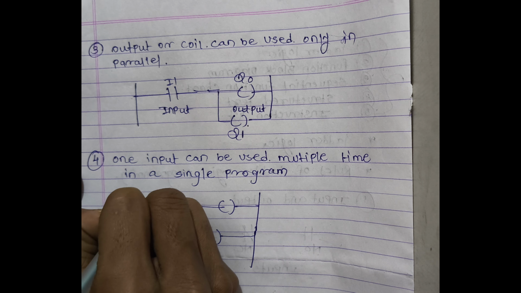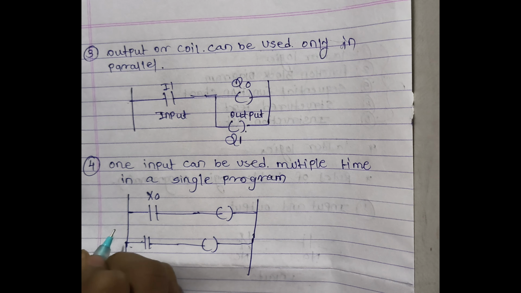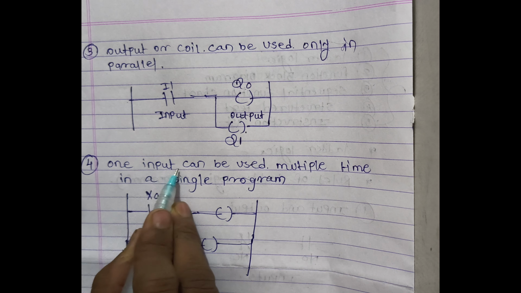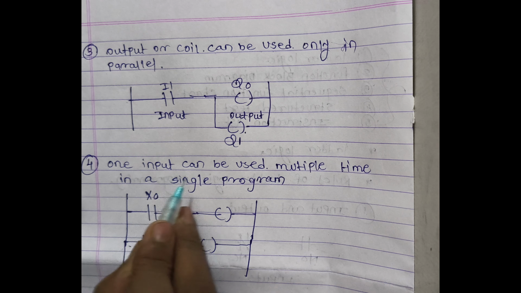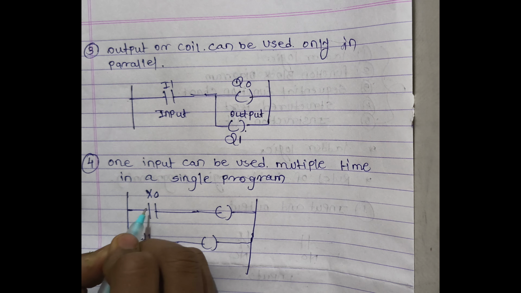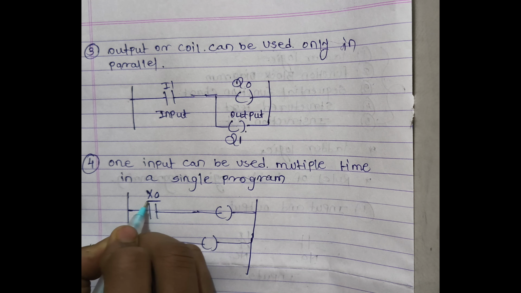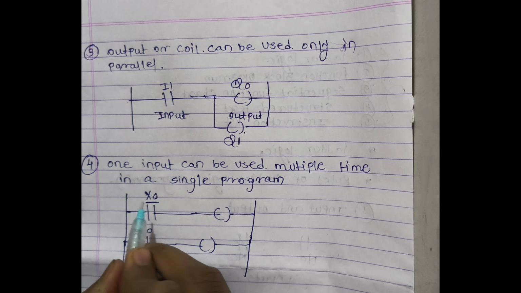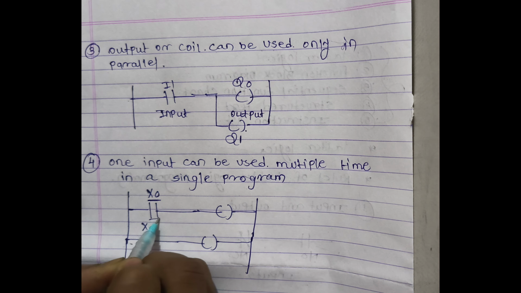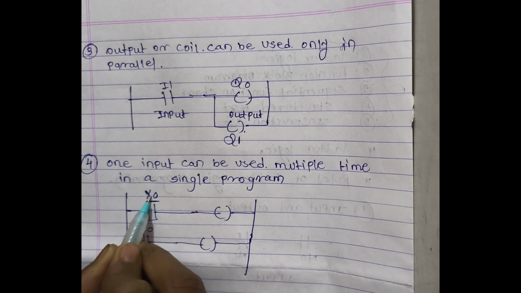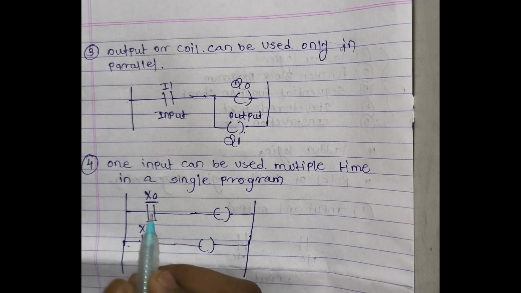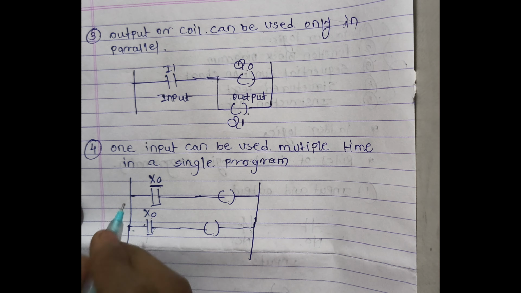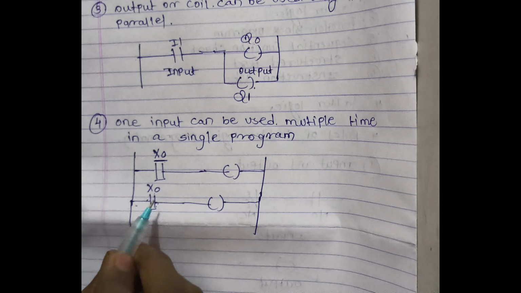Here I give x0 as the input address in both. So our rule says that one input can be used multiple times in a single program. This is my first input, this is also the first input, because its address is the same. I have used this input multiple times in a single program.